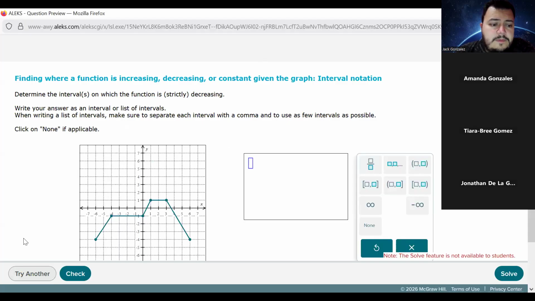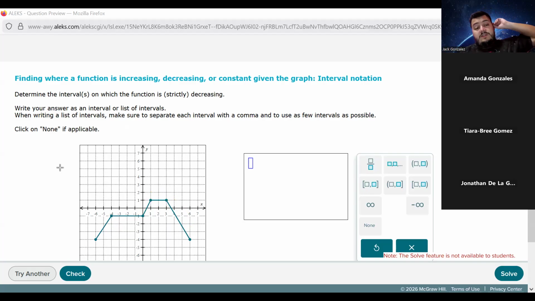33. Remember we talked about increasing and decreasing. So from left to right, if we're going up, that means we're increasing. Left to right, if we're going straight, then that's constant. Increasing, constant, decreasing.